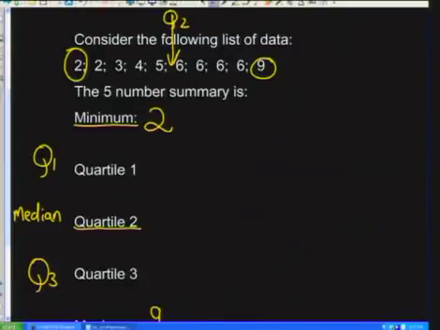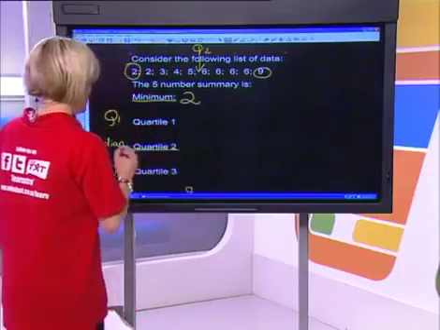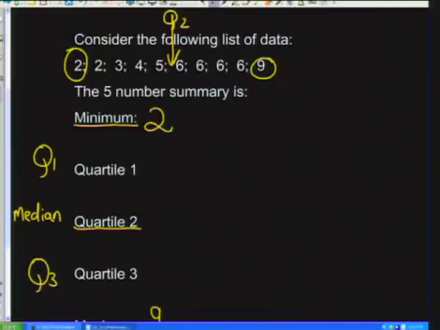I've divided the data in half. I've got 1, 2, 3, 4, 5 pieces of data to the left, and 1, 2, 3, 4, 5 pieces of data to the right. Now, Q2 falls between 5 and 6. So what I do is I add 5 and 6 together, and I divide them by 2, and therefore my Q2 will be 5.5.